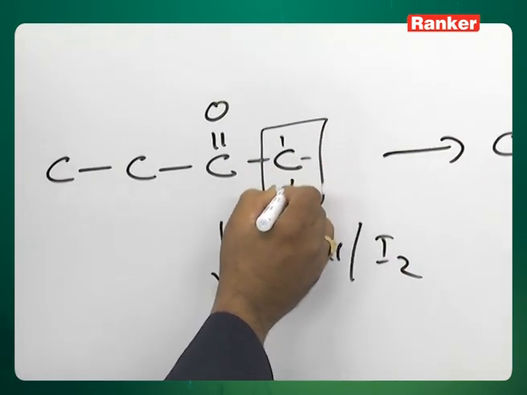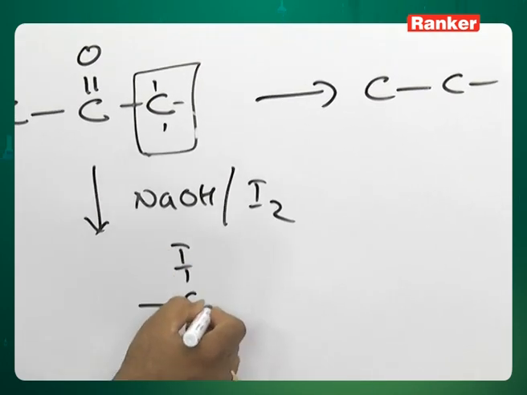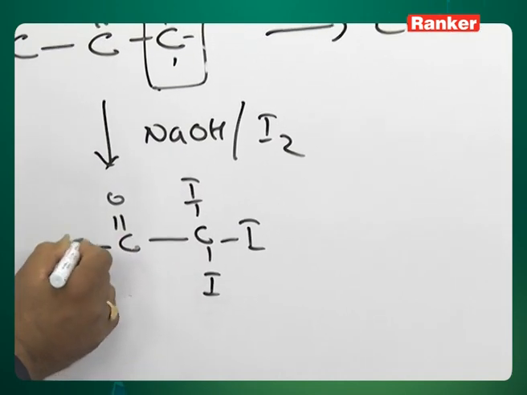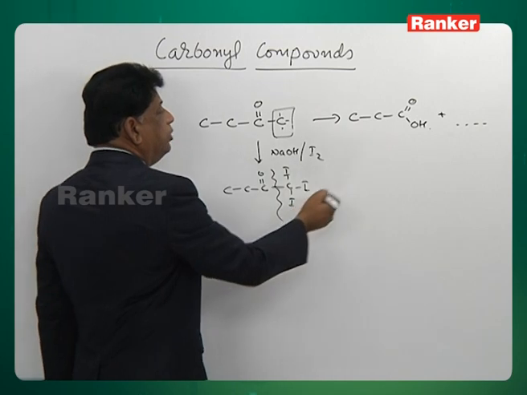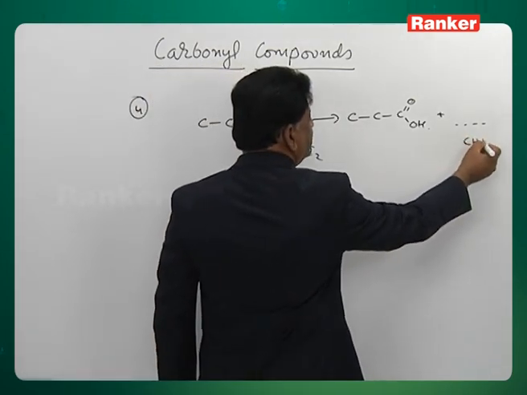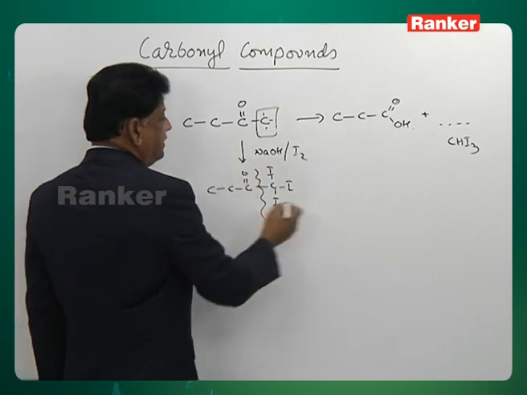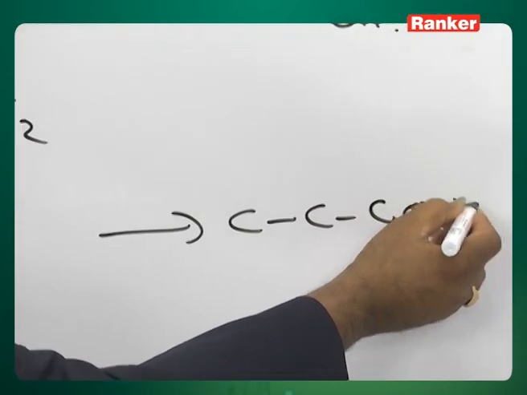So first all these three hydrogens will be iodinated, and then followed by the reaction with base. When it is applied, it undergoes hydrolysis. This piece will become iodoform, CHI3 is formed. This will become a carboxylic acid. However, base is there, that's why immediately what you will get is the sodium salt of propanoic acid.